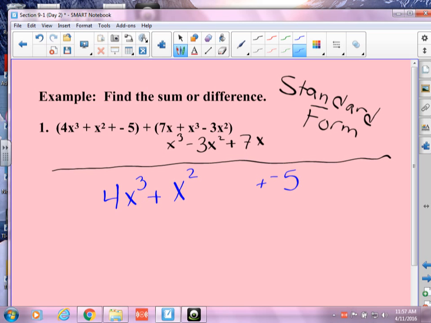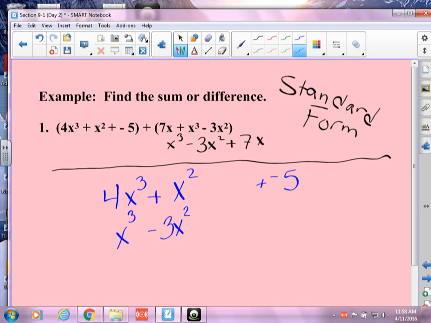Now I'm going to line up my next polynomial. I'm going to put my x cubed under 4x cubed. My negative 3x squared I'm going to put underneath x squared. Now do you see the 7x term?